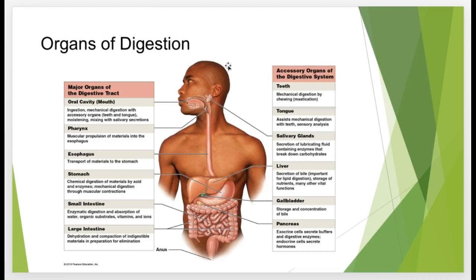Absorb. We've got to then absorb all those nutrients back over into our bloodstream. So while they're digested, broken down in a tube, we've got to get them back in the bloodstream that's not in the tube, but it's on the opposite side of the tube. So those are two key functions.